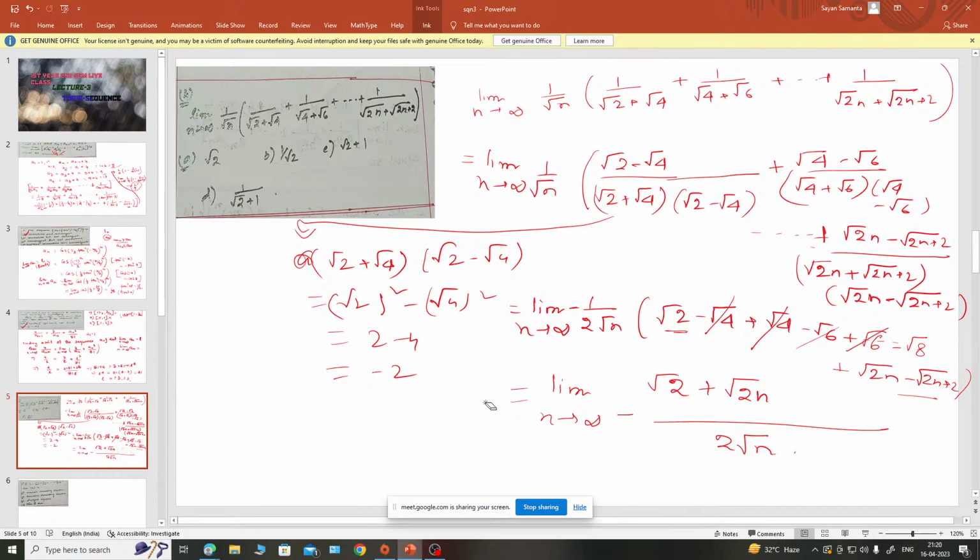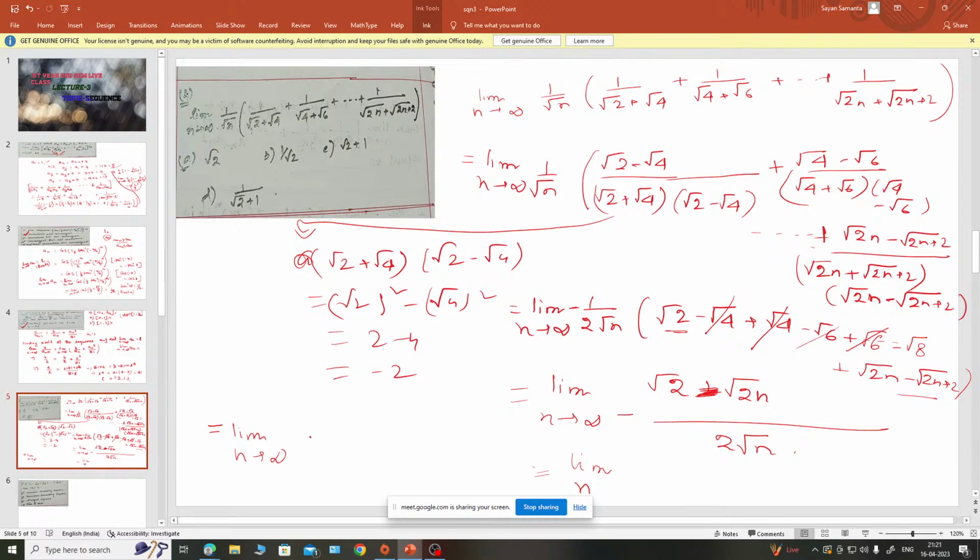Okay. So here we can write limit n tending to infinity, and this is the alternative sign, we can write this is the minus.